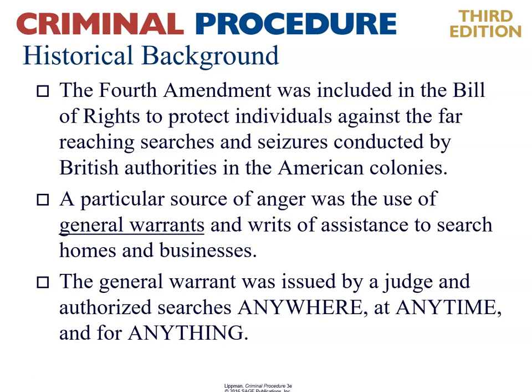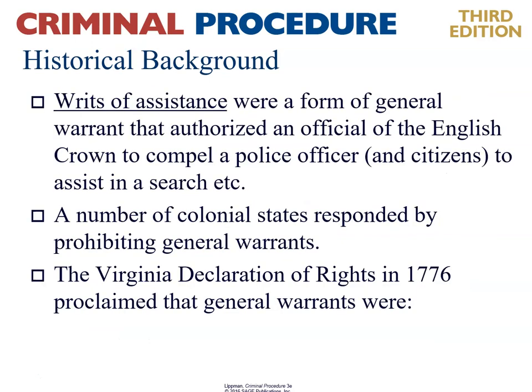So you can probably see the reason that people were a little bit upset, because they didn't really need a reason. They could search for anything, like a fishing expedition. They could just come into your house with that general warrant and look for stuff. So hopefully that makes sense. Now, things have of course changed, but this is a little bit of historical background. Writs of assistance were a form of general warrant that authorized an official of the English Crown to compel a police officer and citizens to assist in the search.